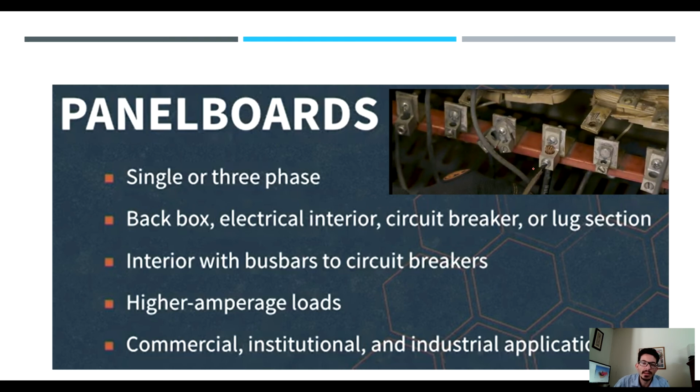They're a common element for safety and control reasons. They have an electrical interior, with breakers, fuses, relays, etc. Inside, they sometimes use bars to conduct the electricity when they have high voltage.